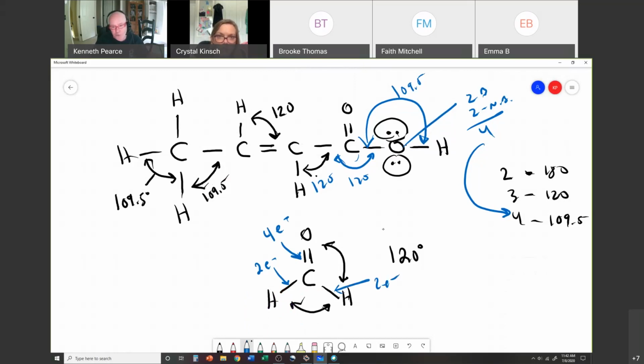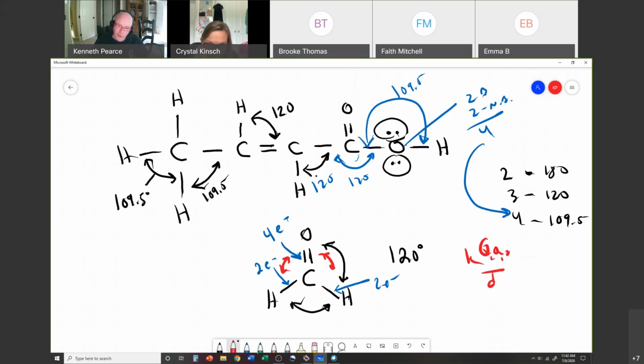So the repulsion between the 2 electrons is less than the repulsion between the 4 electrons and 2 electrons. Because remember, it all comes down to Q1 Q2 over D, right? Number of charges.